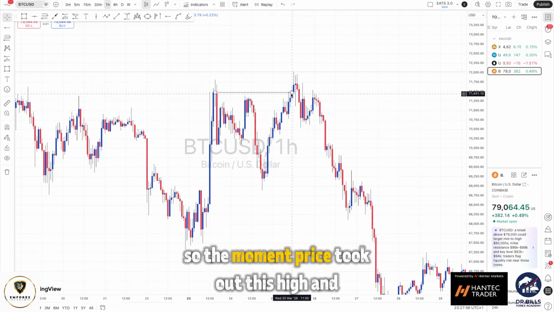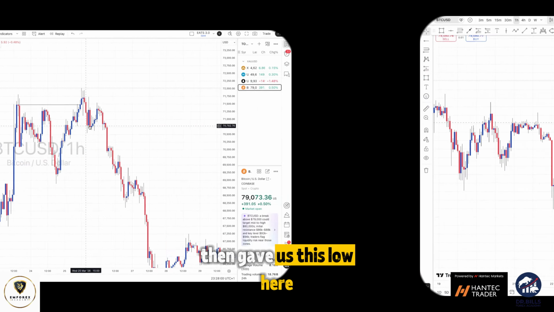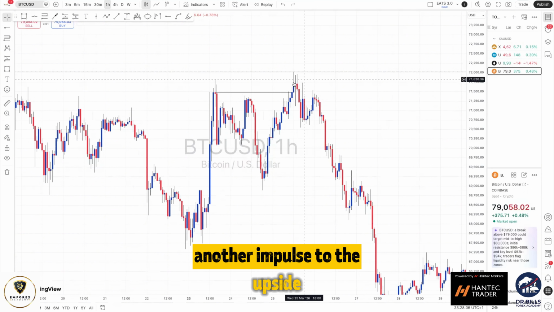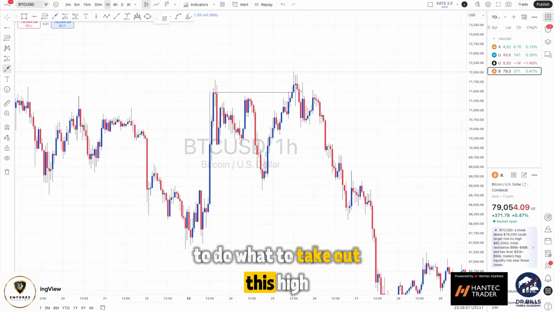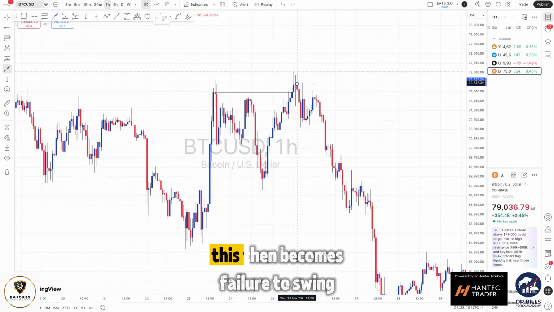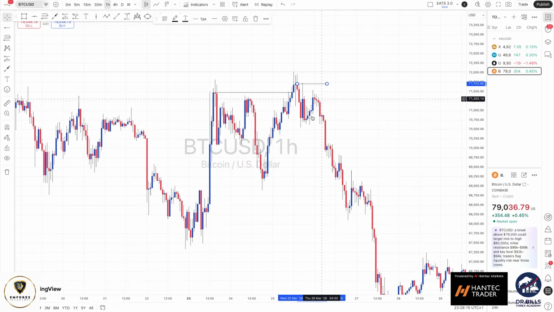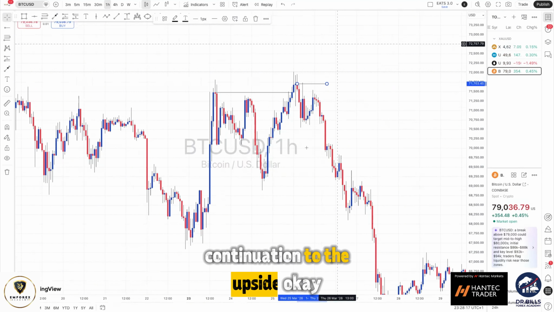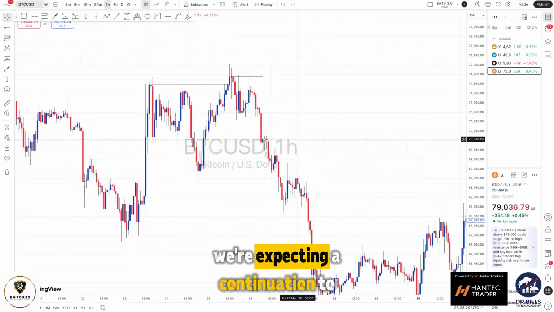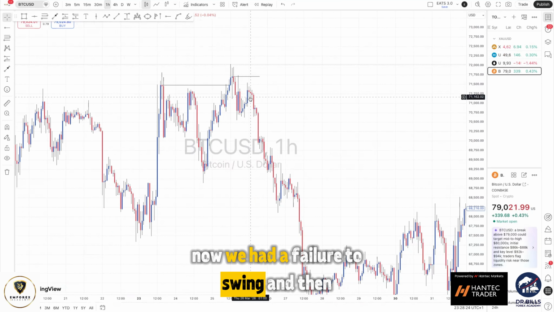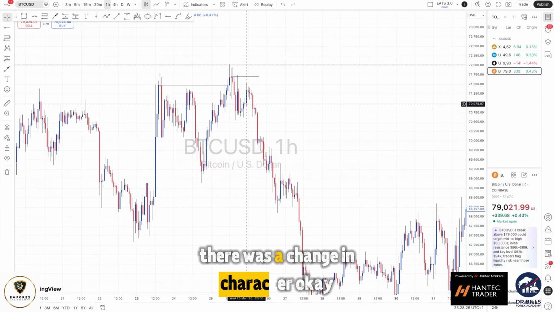The moment price took out this high and then gave us this low here, normally we're supposed to have another impulse to the upside to take out this high. This then becomes a failure to swing, because we're expecting a continuation to the upside. Now we had a failure to swing, and then price gave us a change in character.